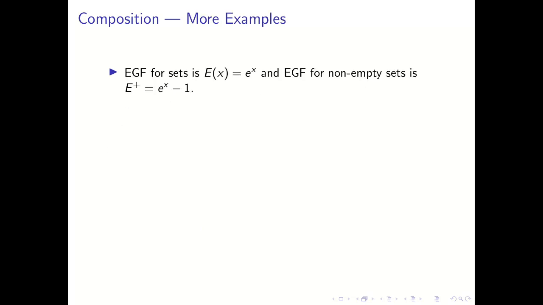So I'm going to give you some examples of where this would be useful. I've already mentioned that the exponential generating function for sets is e to the x, and the exponential generating function for non-empty sets is e to the x minus 1, because there's only one set that is empty.